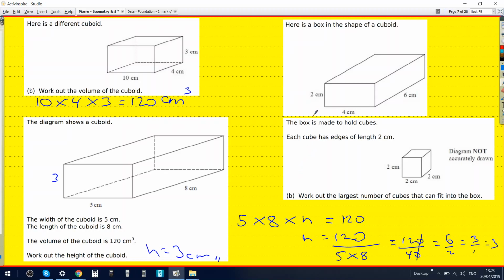So you could... How many boxes can you fit across? 2. So you can fit 2 boxes across. How many up? Just 1. Yeah. And then how many along? 3. Yeah. And so what would be that volume?